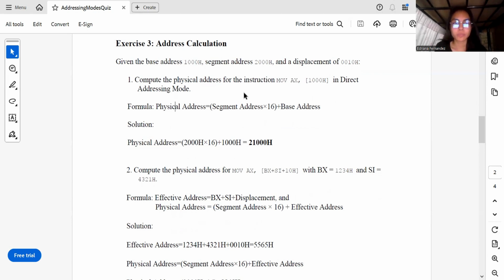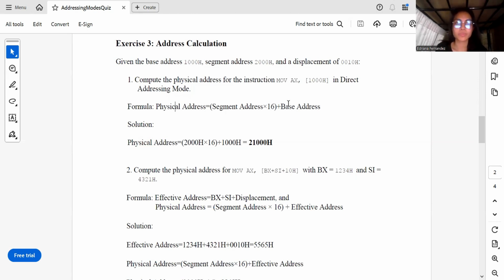So we use a formula here, and that formula is physical address equals, in parentheses, segment address times 16, plus the base address. So we apply that formula to get the final answer using the direct addressing mode.